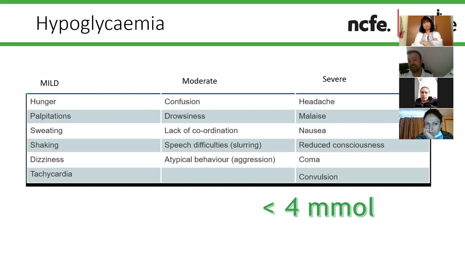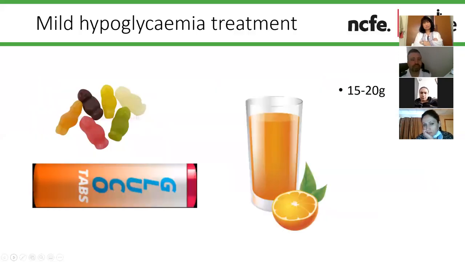So actually, this is the bit where it starts to look a bit like somebody being drunk. So it's that really strange behavior. And then severe, you're looking at loss of consciousness, into convulsions, etc.